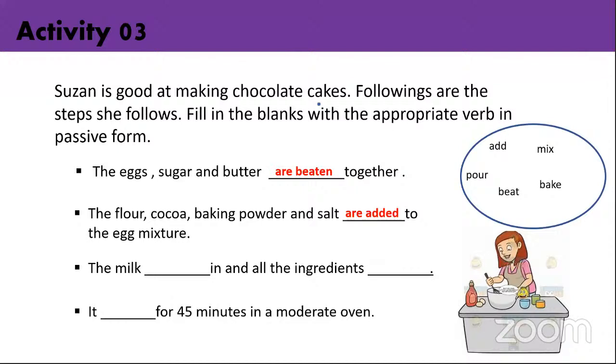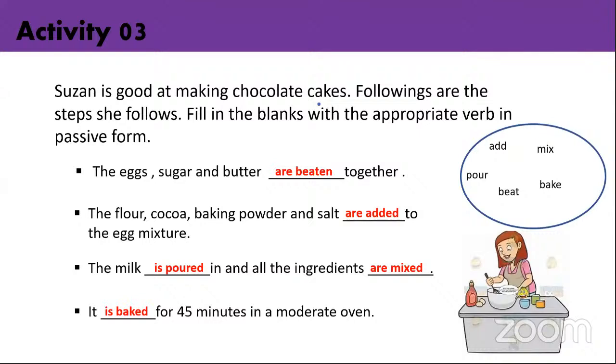Next one, the milk is poured in and all the ingredients are mixed. What is last then? What is remaining? Bake. So it is baked for 45 minutes in a moderate oven.